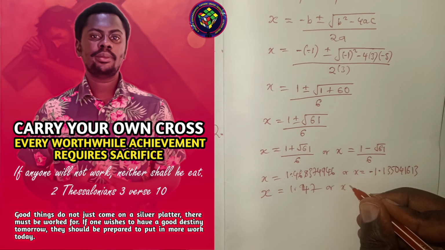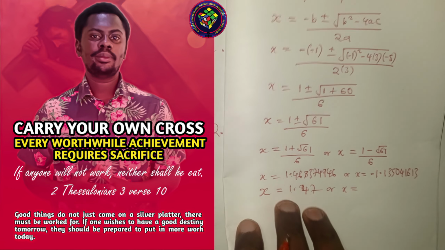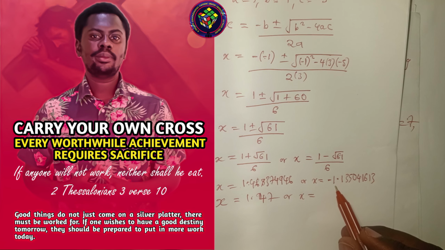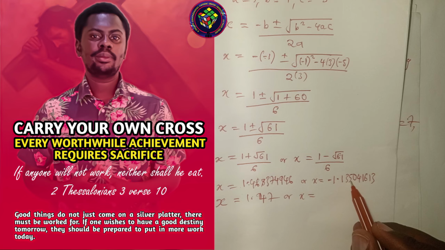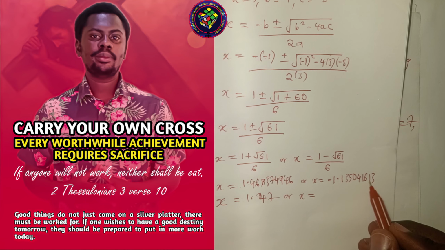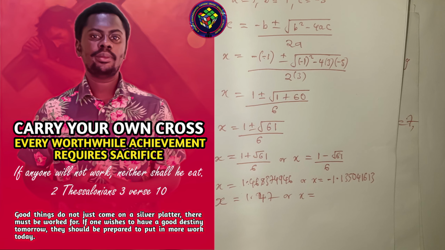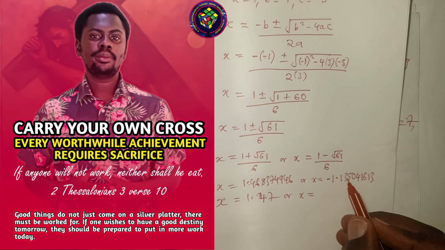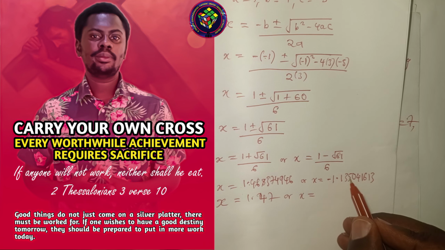Or x is equal to, on this side, negative 1.135041613. Again, 2 decimal places is at 3. Then if you look at the next digit, in this case it is 5.